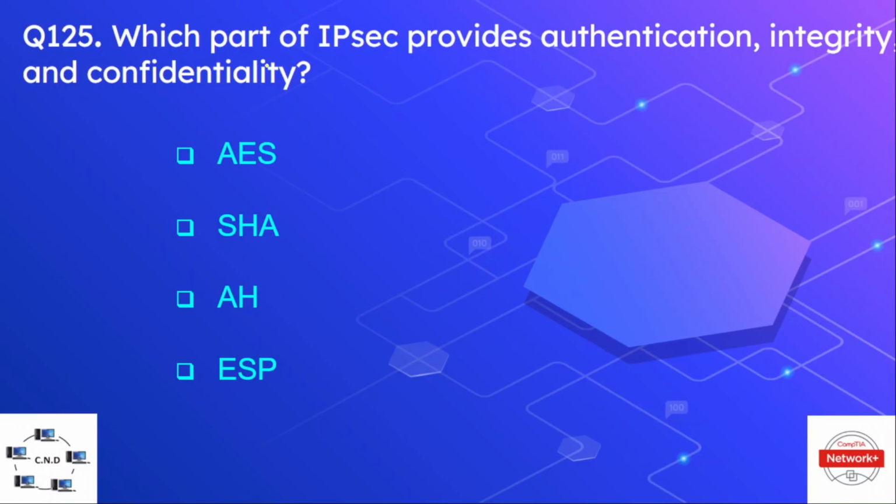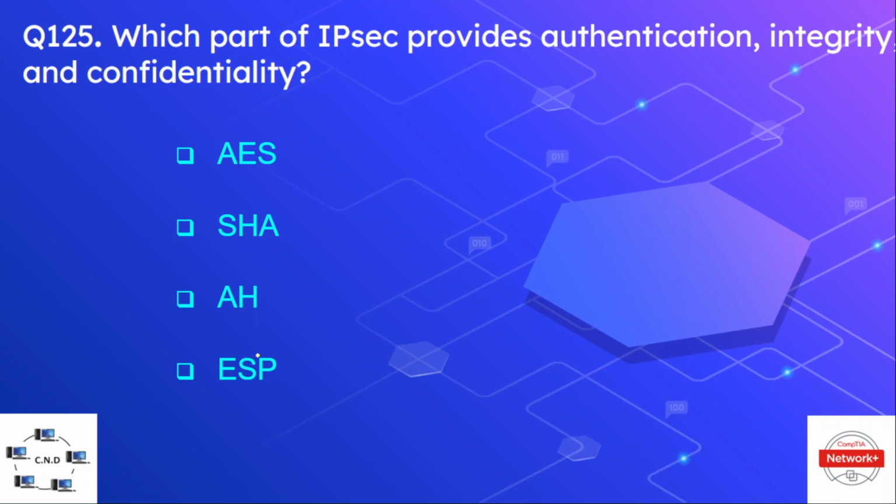Question number 125 is that which part of IPsec provides authentication, integrity, and confidentiality? And the options are AES, Advanced Encryption Standard, SHA, Secure Hash Algorithm, AH, Authentication Header, and ESP, Encapsulating Security Payload.